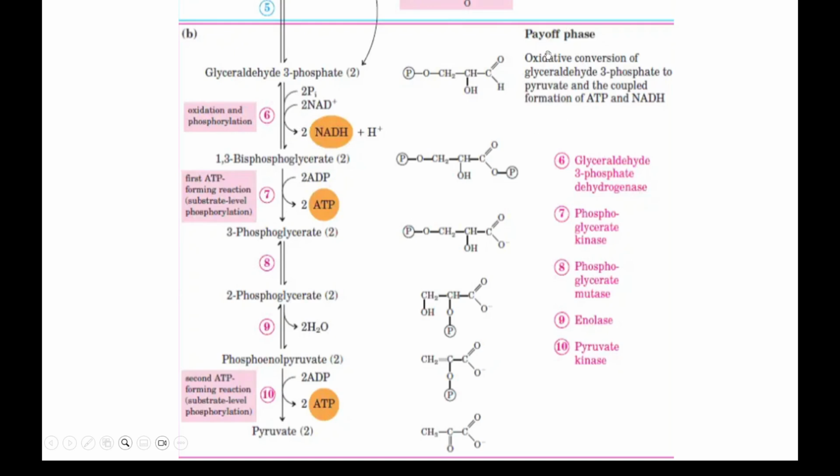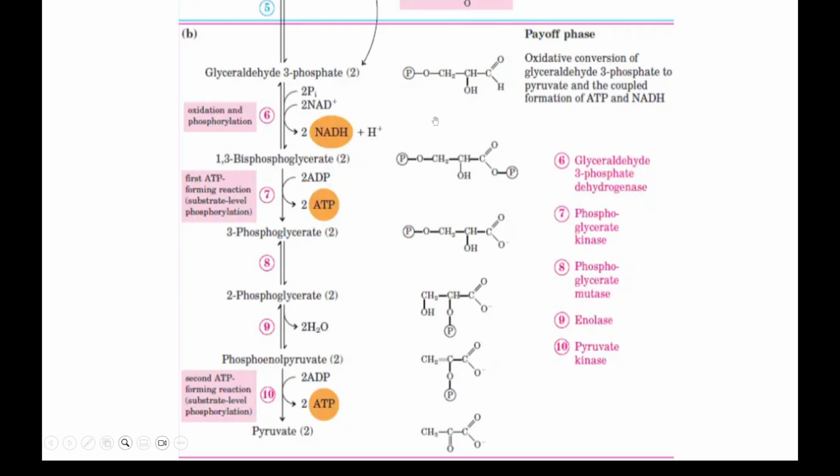So what is happening in the payoff phase is oxidative conversion of glyceraldehyde 3-phosphate to pyruvate, which is the end product of the glycolytic pathway, and the coupled formation of ATP and NADH. So glyceraldehyde 3-phosphate forms 1,3-bisphosphoglycerate. NADH is released. The enzyme here is glyceraldehyde 3-phosphate dehydrogenase.